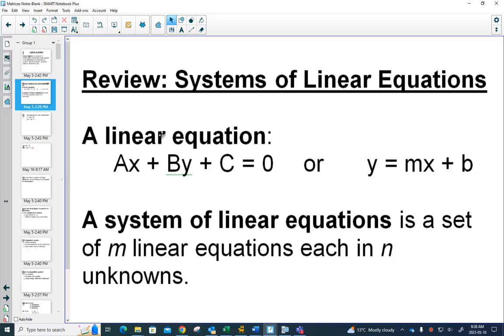When you have a system of linear equations, usually what you solved up till now was 2 equations with 2 unknowns. So you have a certain number of equations and a certain number of unknowns, and then you attempt to solve them.